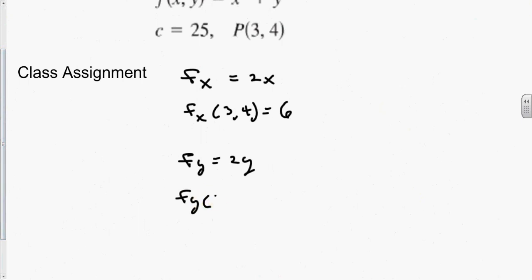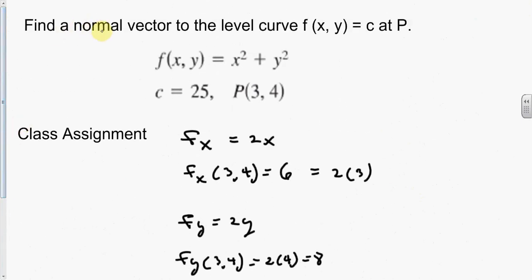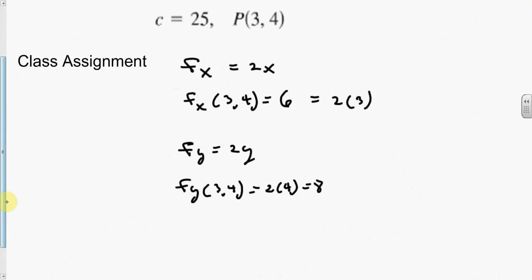This partial evaluated at the point 3, 4 is 2 times 4, we get 8. So here, find a normal vector to the level curve. It's just the gradient itself at the point 3, 4. And that gave us 6, 8.